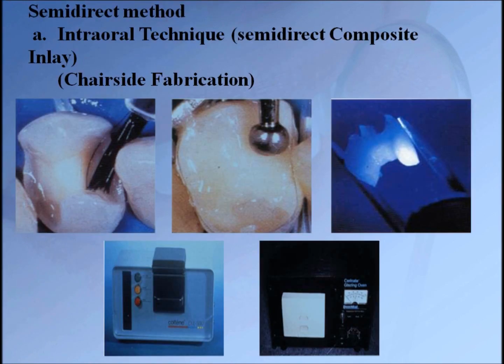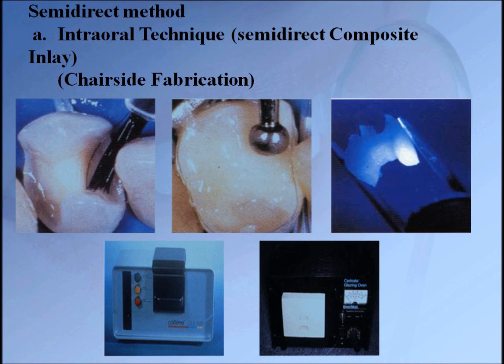Semi-direct method. A, intraoral technique, semi-direct composite inlay. This technique is indicated for the restoration of one or a maximum of two teeth at any one time. The inlay is formed by placing a few composite increments into a tapered cavity previously insulated with a two-coat insulating glycerin gel media.